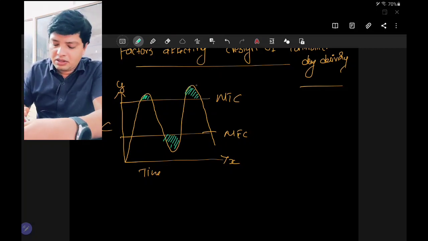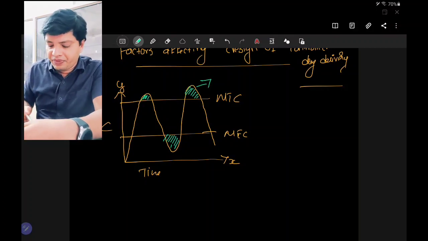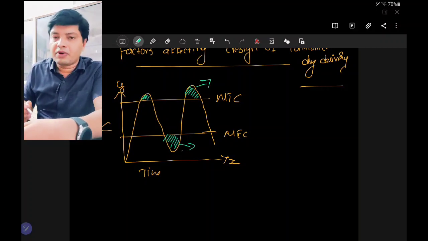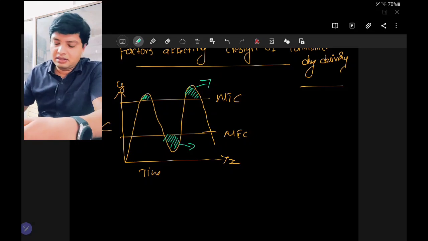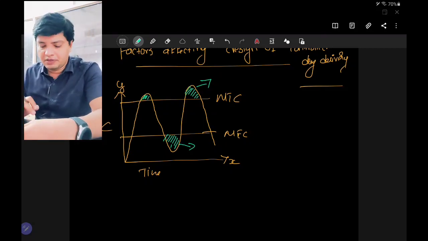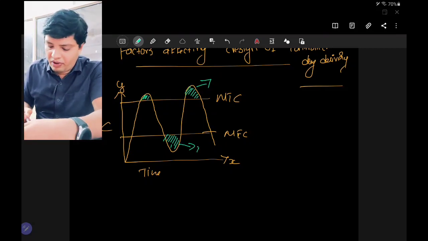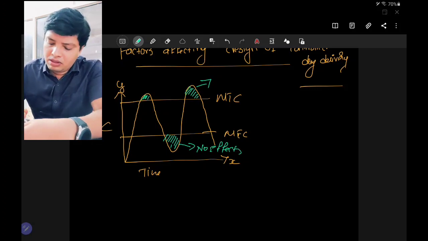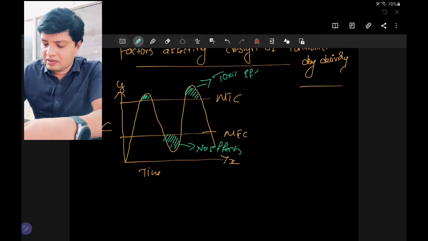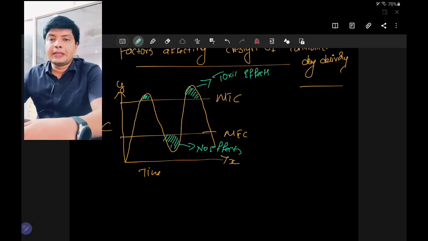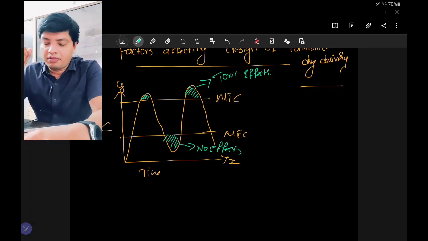The toxic concentration will produce toxic effects and this concentration will produce no effects. Here no effects, and here we have toxic effects. So that's what the problem is.